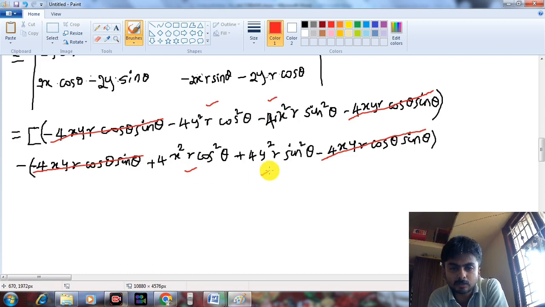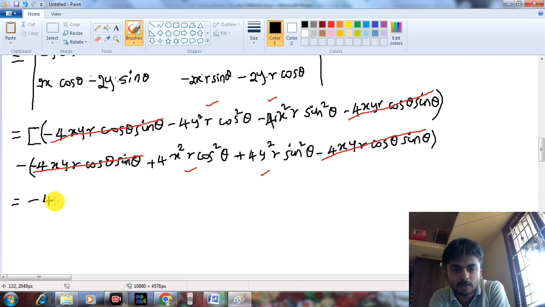Now the minus will come here also and here also, so it will become minus 4x square or cos square theta, and minus 4y square or sin square theta. We have to arrange the terms in such a way that we get minus 4.